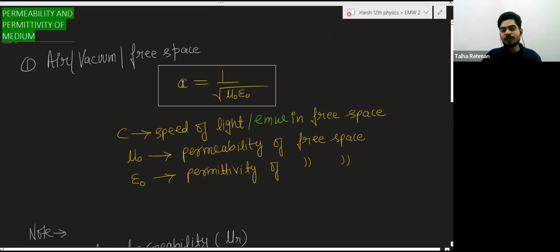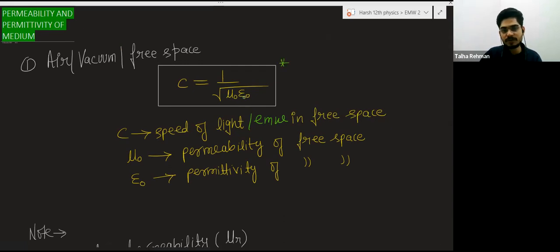So speed of electromagnetic wave in vacuum or free space is equal to 1 upon root of mu naught into epsilon naught. This is the first formula you have to remember.